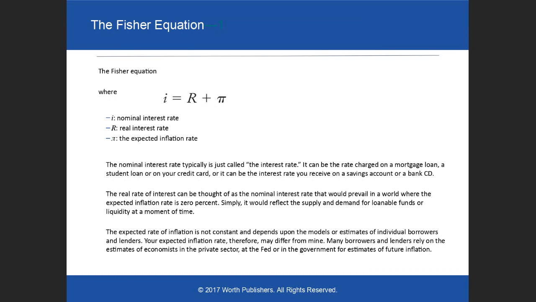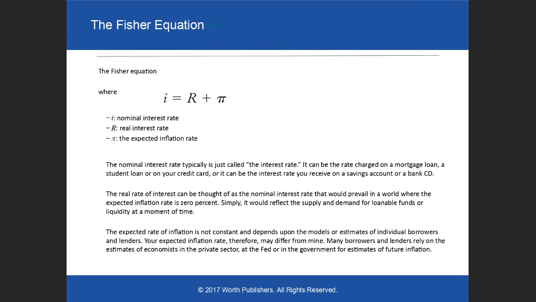All of that's got to be embedded in the R. And yet, for so many months in the United States, R has been negative. Let me repeat that. R has been negative, meaning banks effectively or lenders effectively weren't getting paid terribly much for the risk that they were taking. In fact, they were getting paid negatively for the risks they were taking.